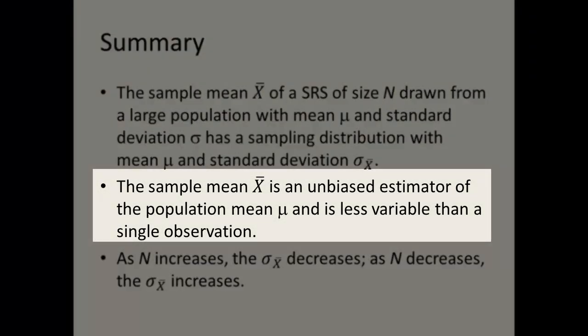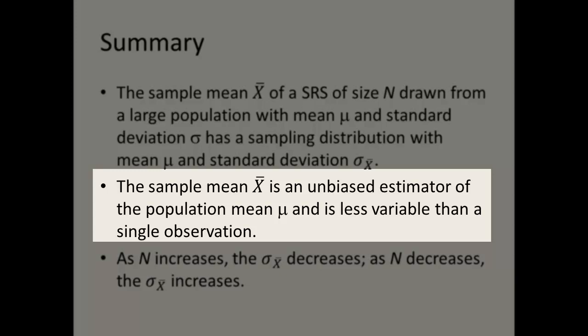The sample mean x bar actually gets used as an unbiased estimator of the population mean mu. Remember, the population mean is the thing that we almost always don't know. So using x bar as the estimator makes sense according to the central limit theorem.